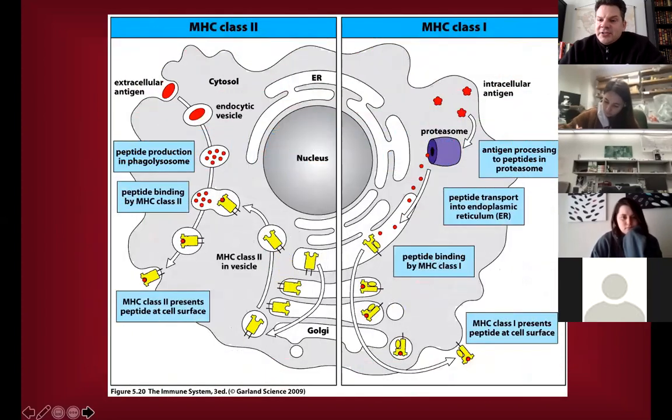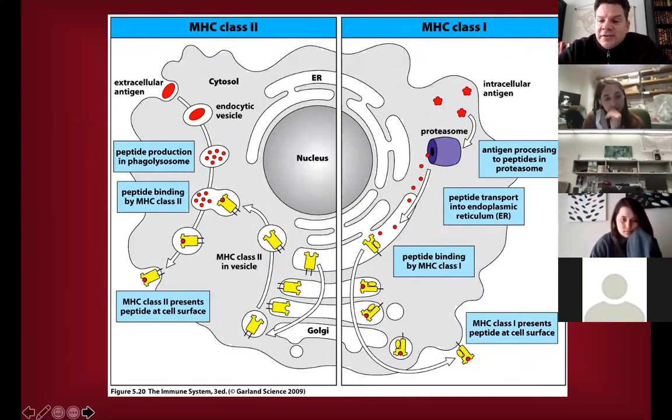And this is a comparison, so this is a good slide to take a look at between the two different processing pathways for MHC1 and 2. MHC1 is just your normal degradation of proteins by the proteasome. That's why it's cut up into peptides of 8 to 10. It goes to the ER, binds MHC, needs stabilization, and is put out to the surface.